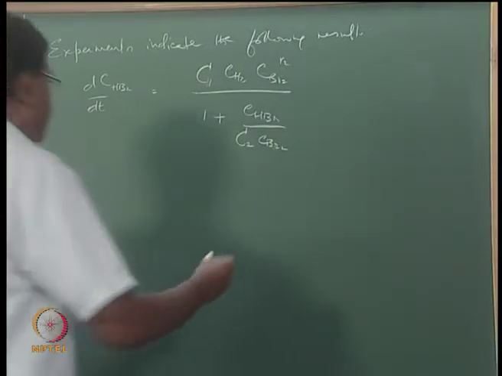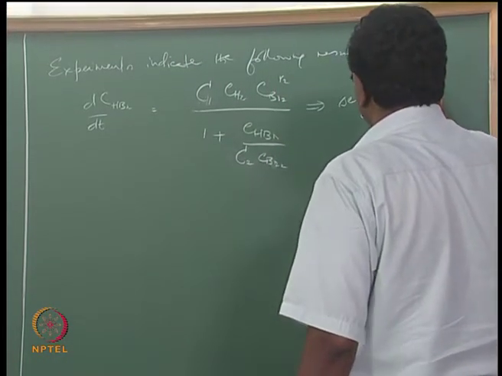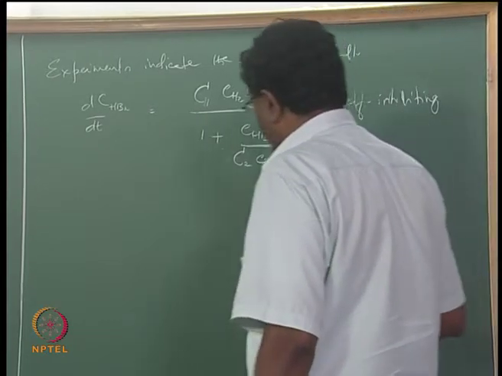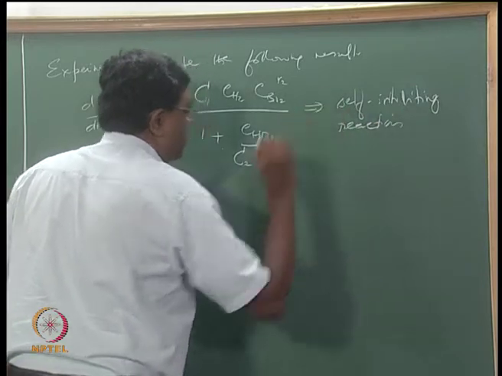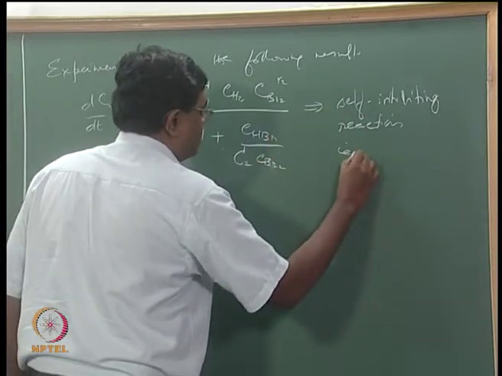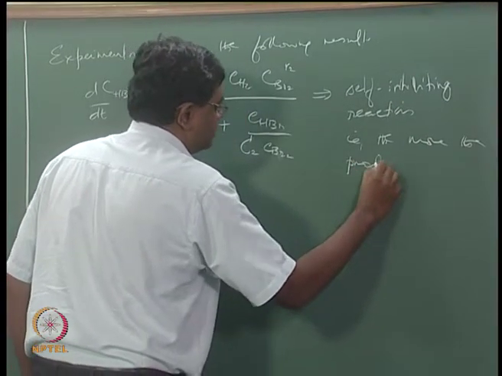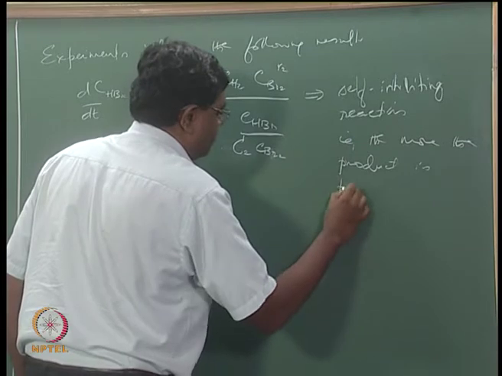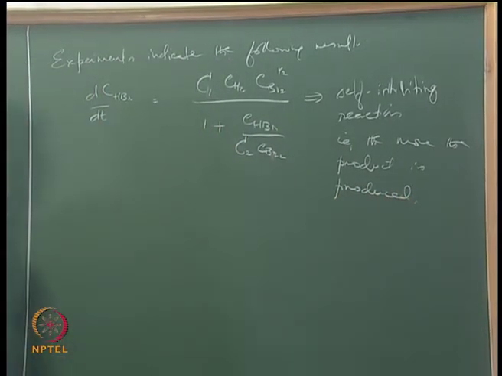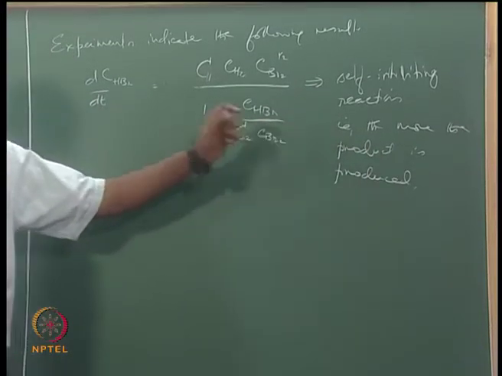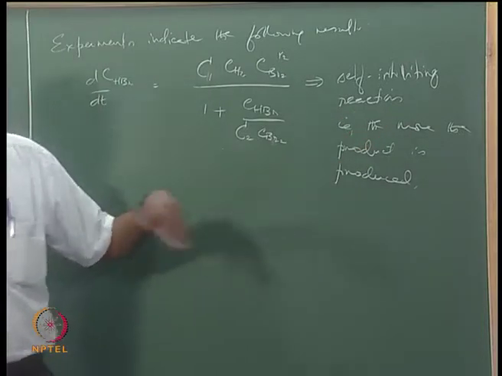Okay, so this is an example of what's called a self-inhibiting reaction. That is, the more the product is produced, well, if we were not scientists, if we were advertising managers or something, we would probably say the more the product is produced, the less the product is produced.